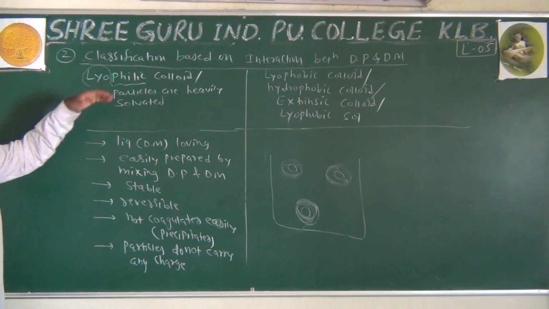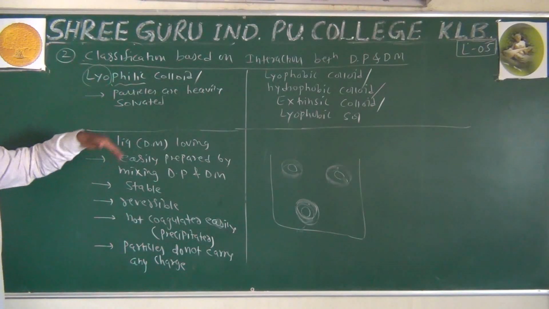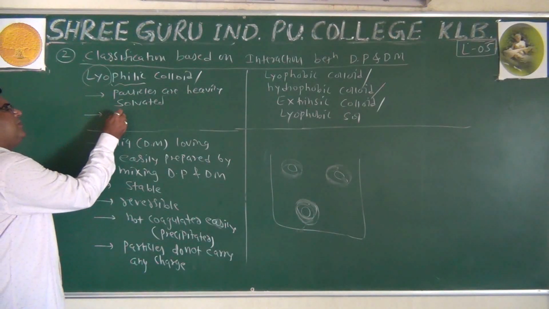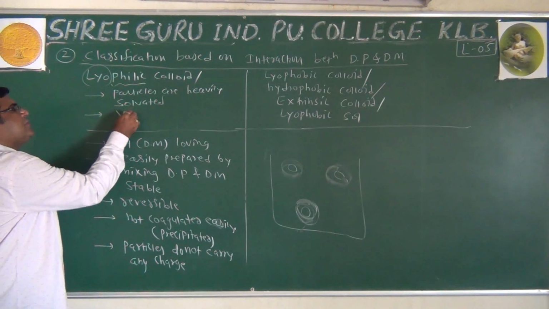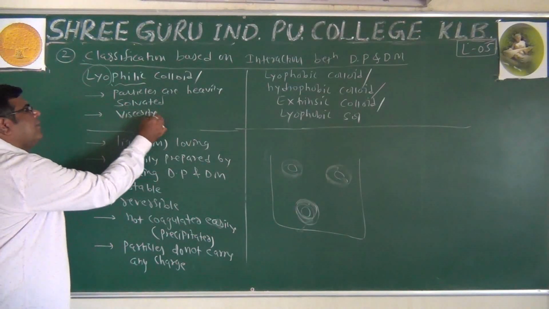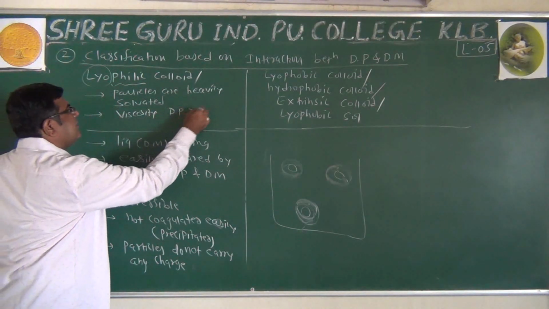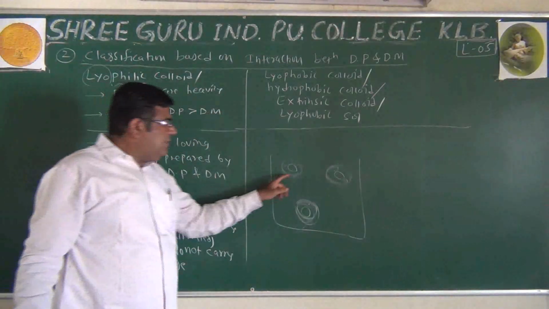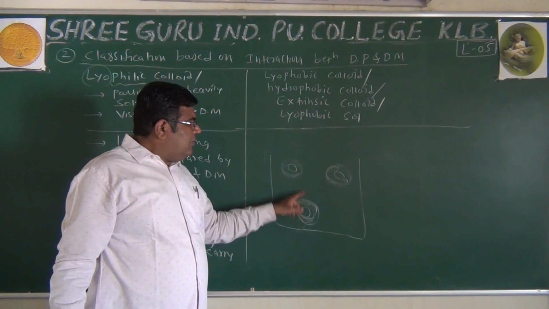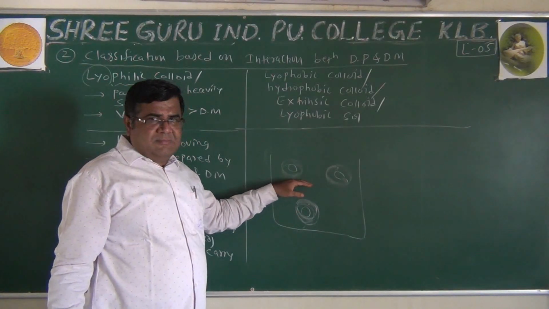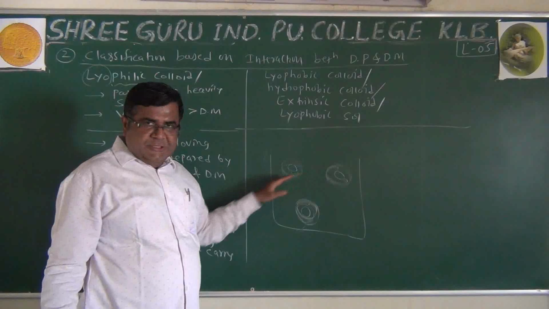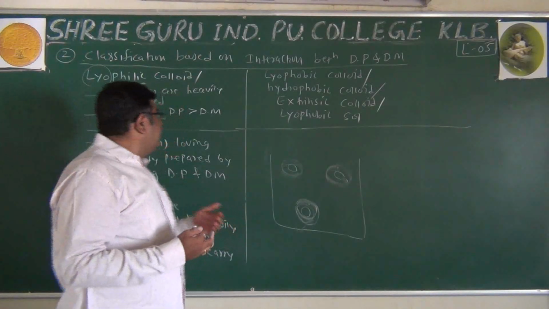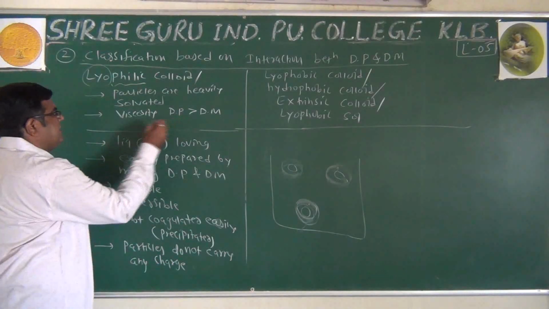So they are heavily solvated. From all around them, solvent molecules are present. Because of that, the viscosity of the dispersed phase is greater than the dispersion medium. Because of that, these particles have less tendency to move about because solvent molecules are enveloped on them. That's why the viscosity of the dispersed phase is greater than the dispersion medium.